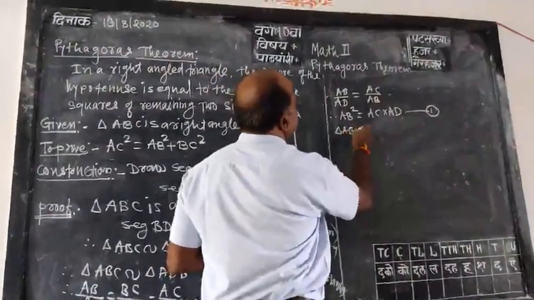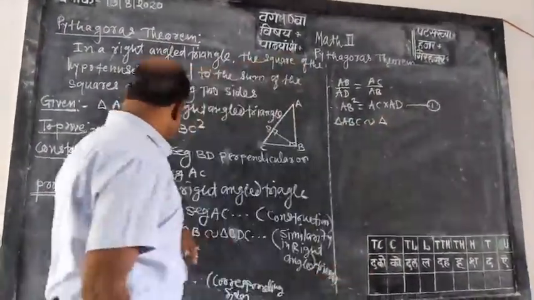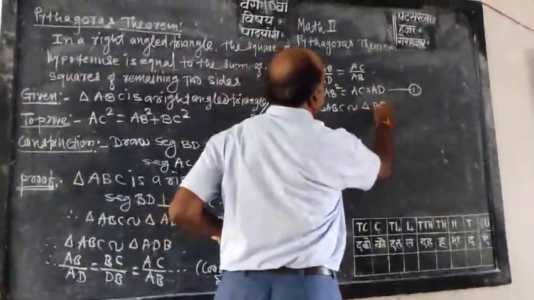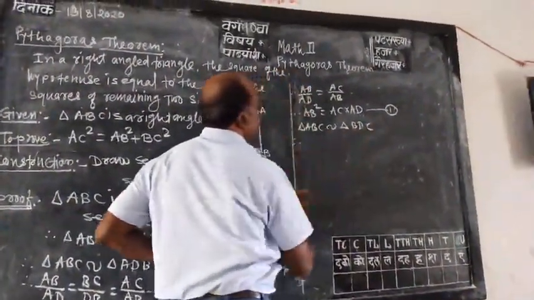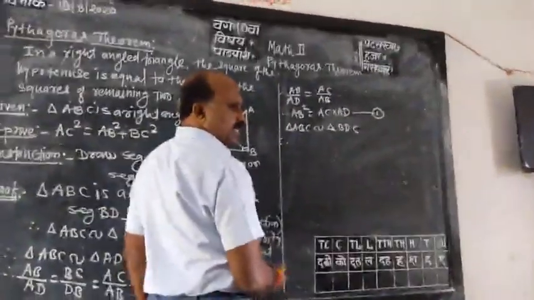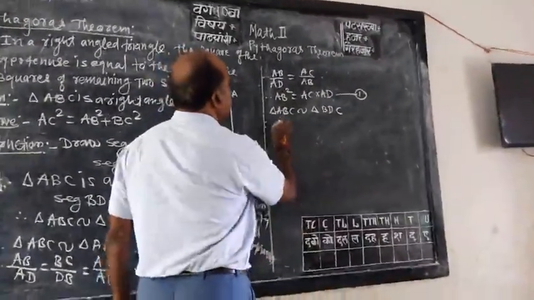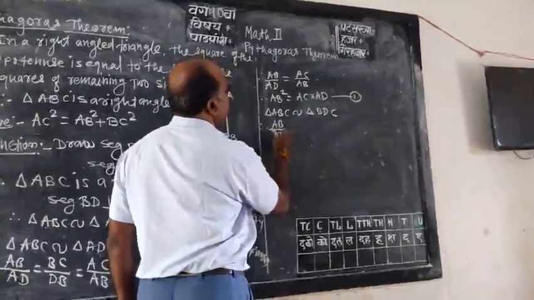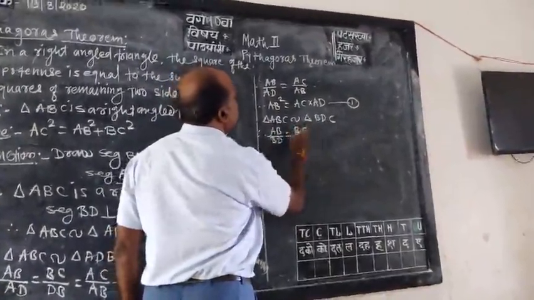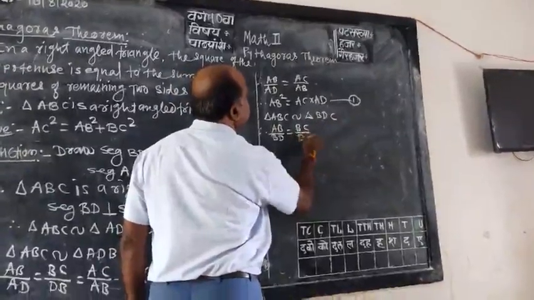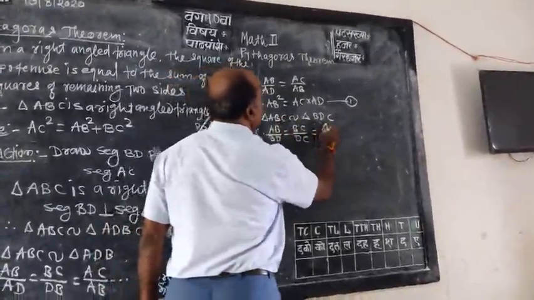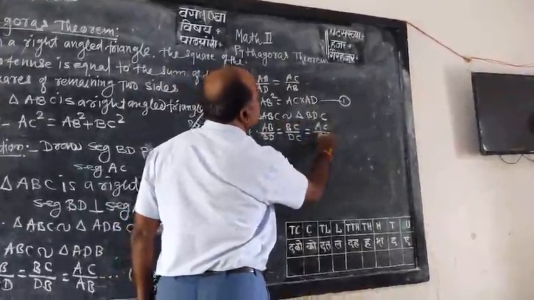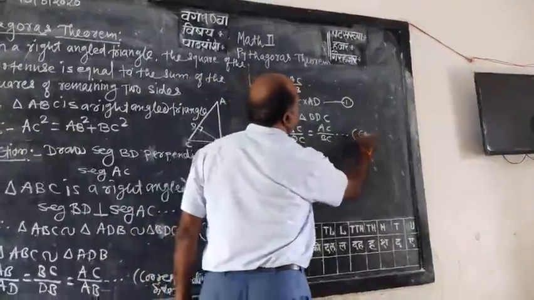Now take the second pair. Triangle ABC is similar with triangle BDC. Therefore, corresponding sides are in proportion. So AB divided by BD is equal to BC divided by DC is equal to AC divided by BC.